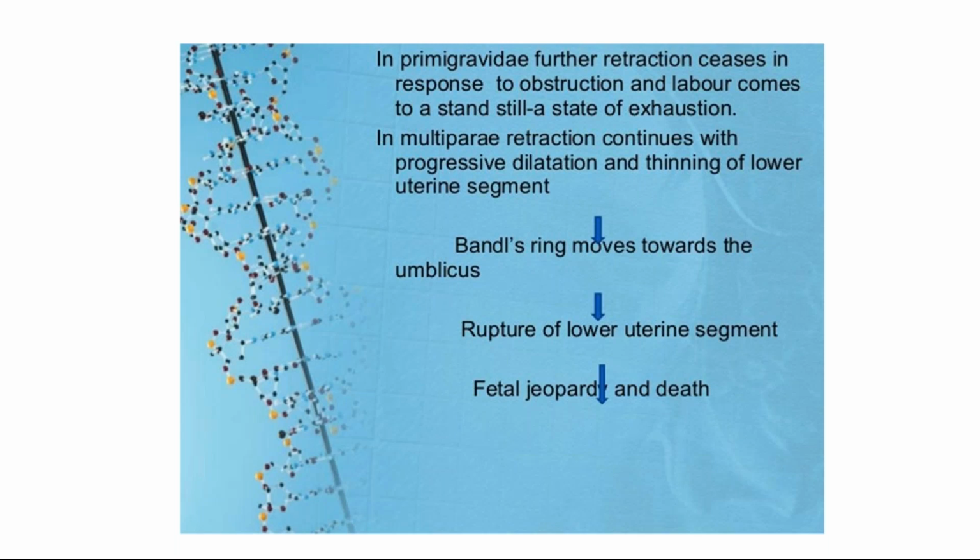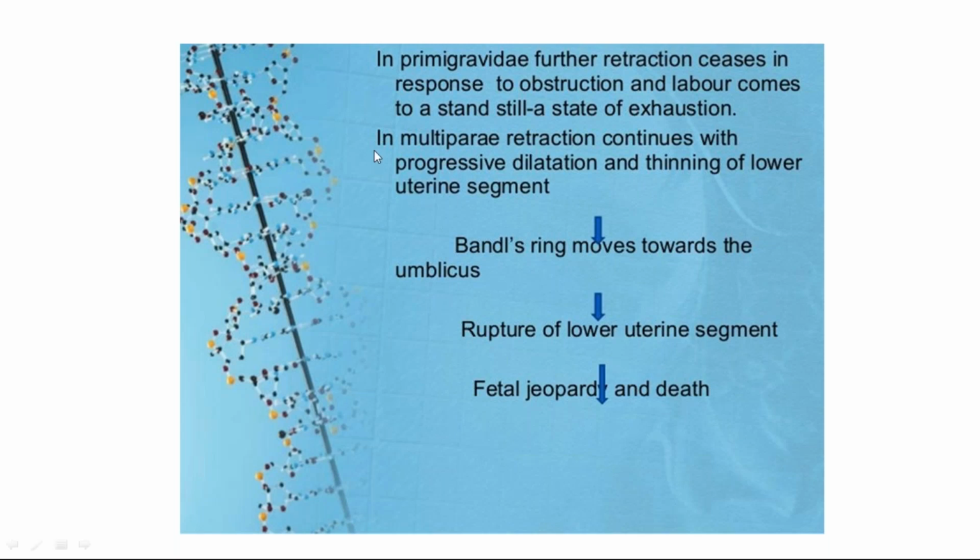Are we missing anything? If she is a primary, you have to look for a contracted pelvis. If it is a multi, look for malpresentations and malpositions and cephalopelvic disproportions. So these are the common things: contracted pelvis, disproportions, malpresentations, malpositions. These are the 4 things you always have to keep in mind whenever there is some abnormality in the progress of labor, in dystocia, right?